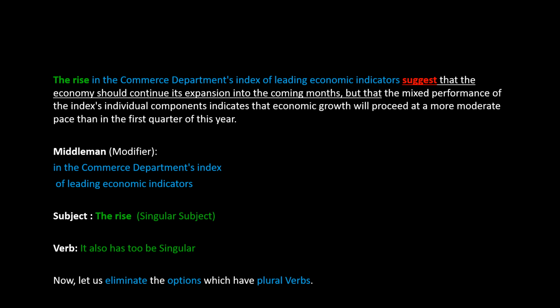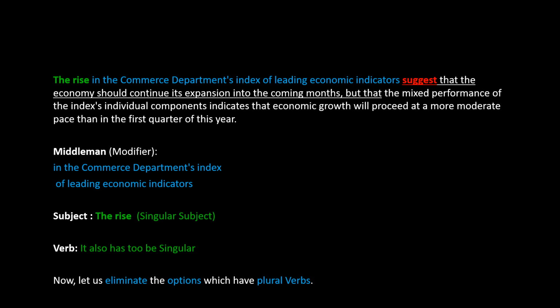Now let us eliminate the options which have plural verbs. Options A and B have the plural verb suggest, hence they are eliminated. Only options C, D and E, which have the singular verb suggests, remain.